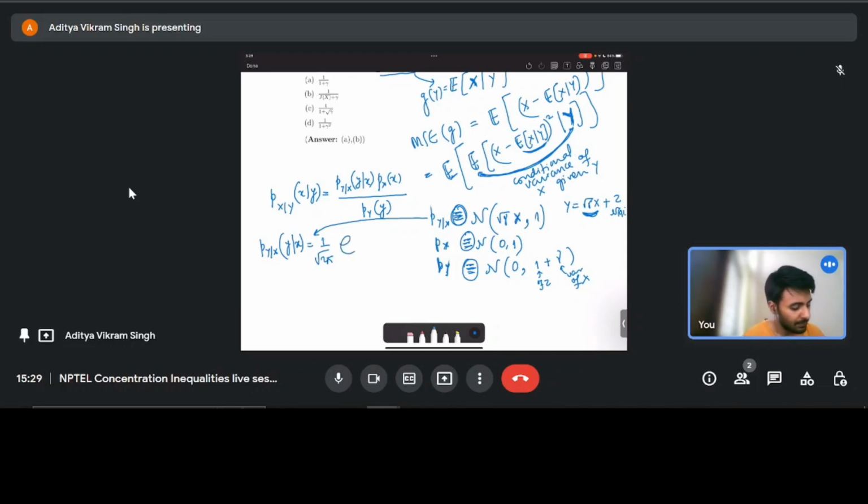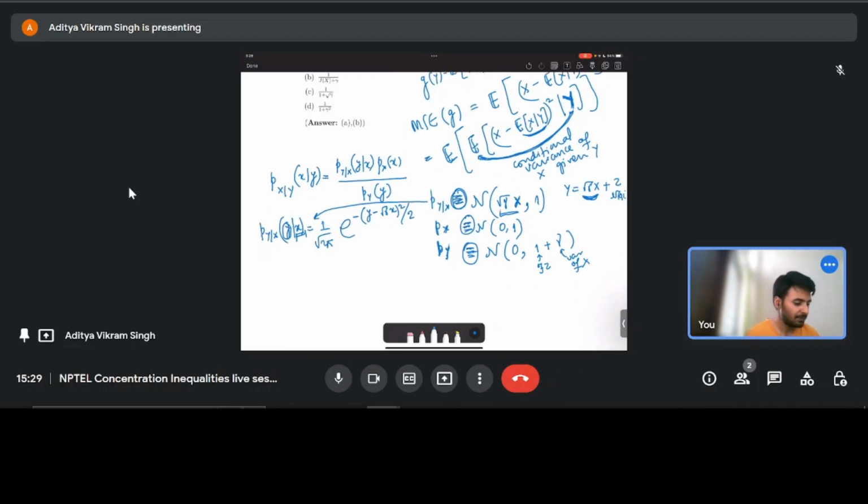The mean is root gamma x, and the variance is 1. We are assuming x is fixed here, so root gamma x is the mean and y is the variable.